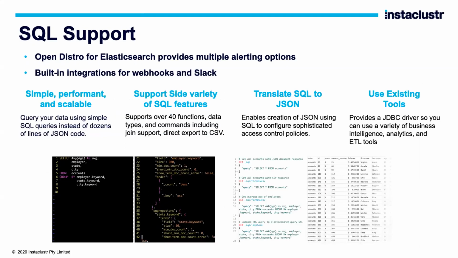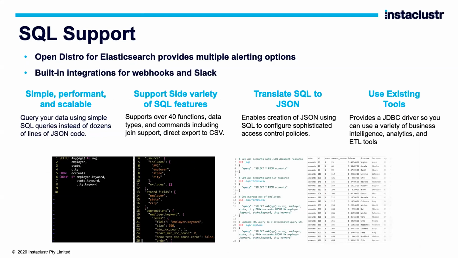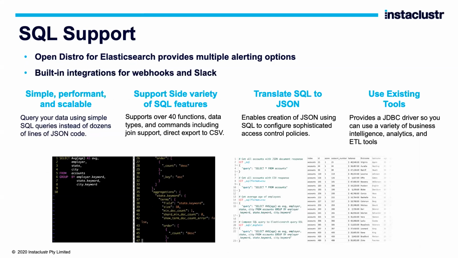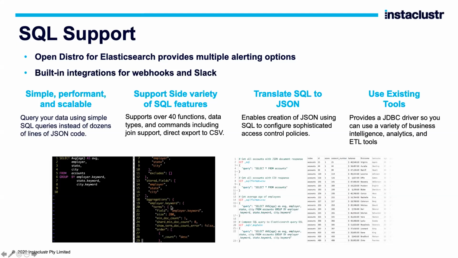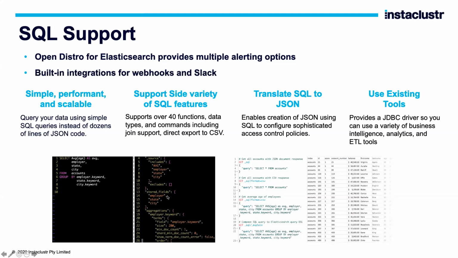Another feature is SQL. If you come from a background of SQL queries, on the right side, which is just moving, is a query DSL. This is the standard query language we use for Elasticsearch.